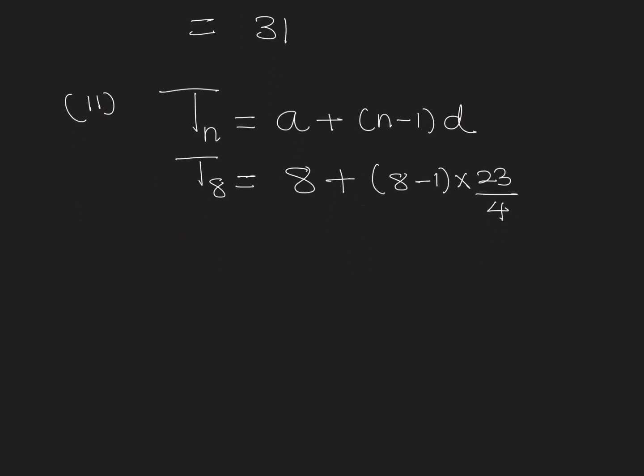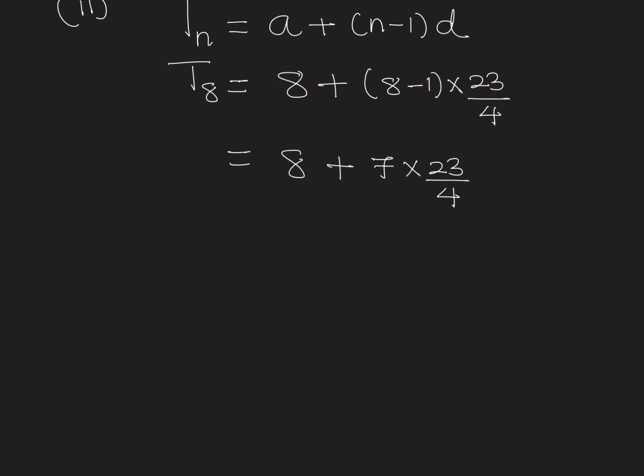So that is going to be 8 plus 8 minus 1 is 7, then times 23 over 4. So we're going to have 8 plus 7 times 23 is 161, so it will be 161 over 4.